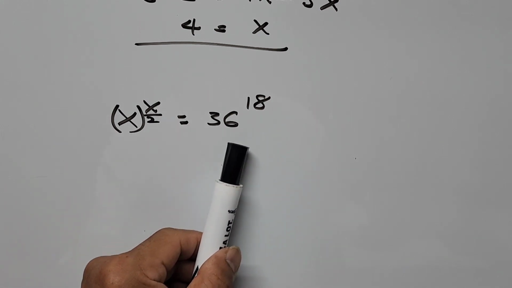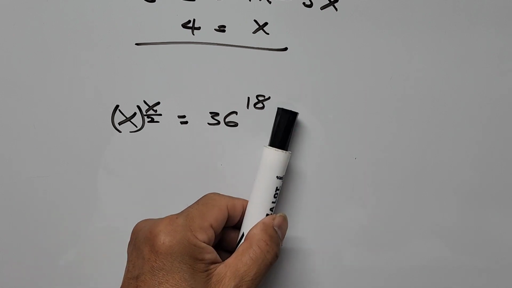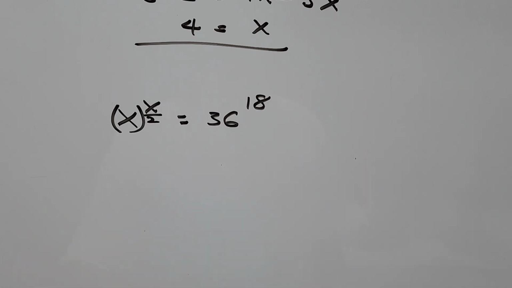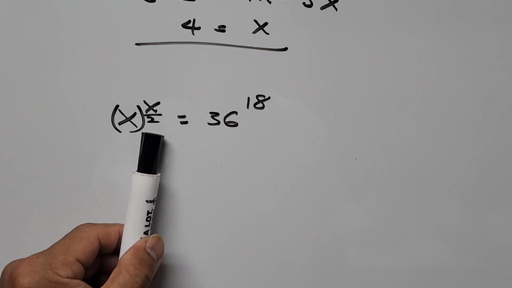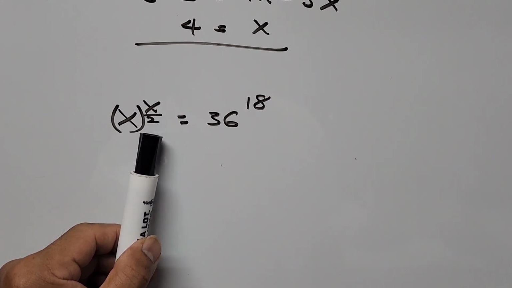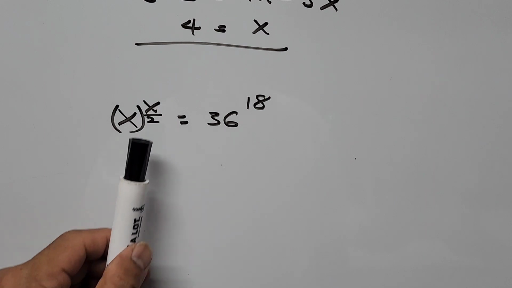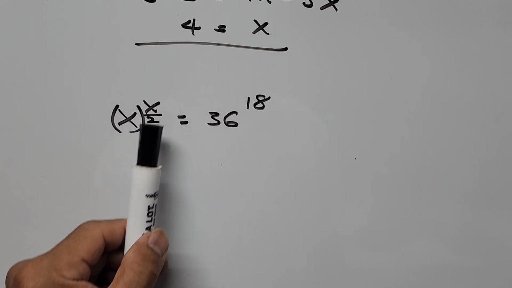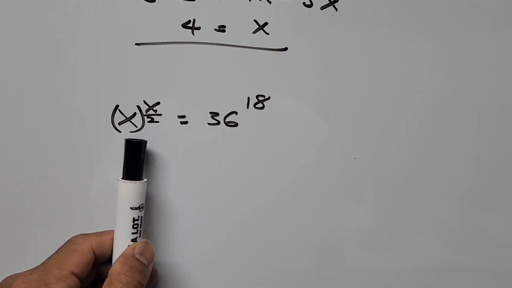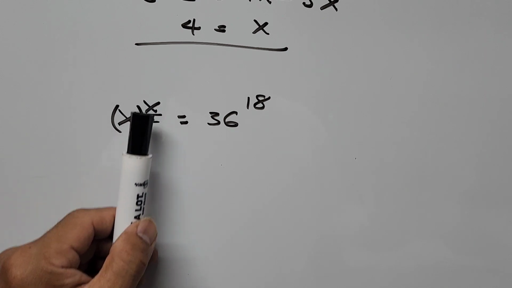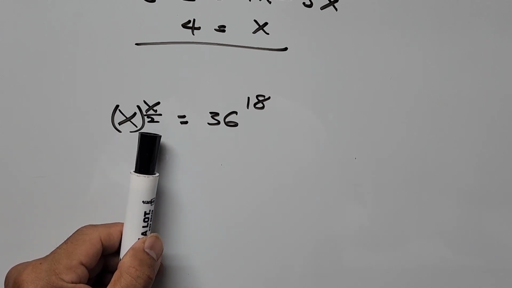Likewise, on the other side, the exponent is not the same as its base. Our purpose then is to make the base the same as its exponent, right? So if the base is x, the exponent must be x the same way.